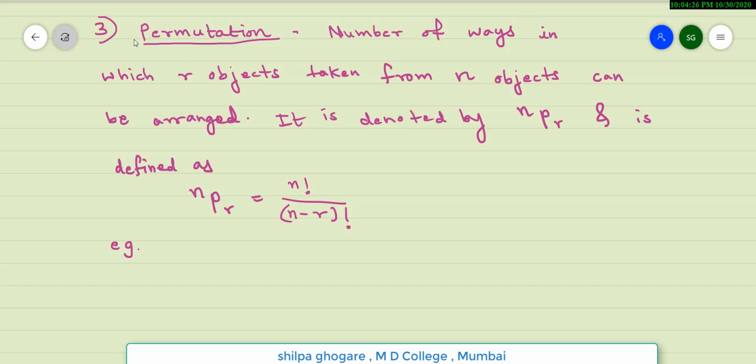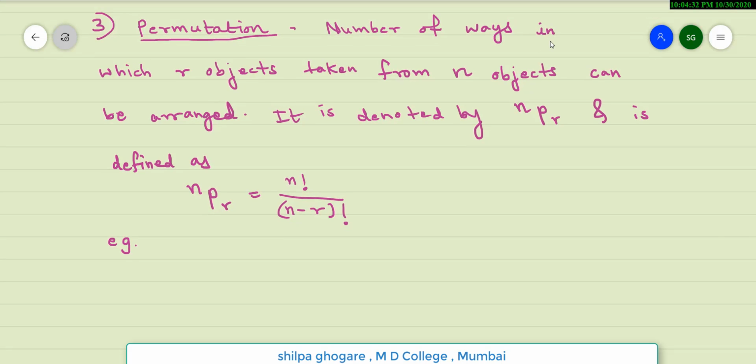Now let us see the third concept, that is of permutation. It is the number of ways in which r objects taken from n objects can be arranged. So remember, it is the arrangement of the objects.